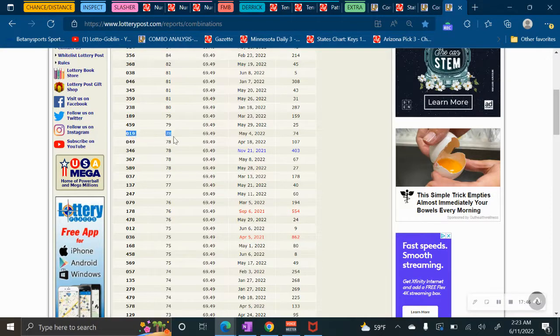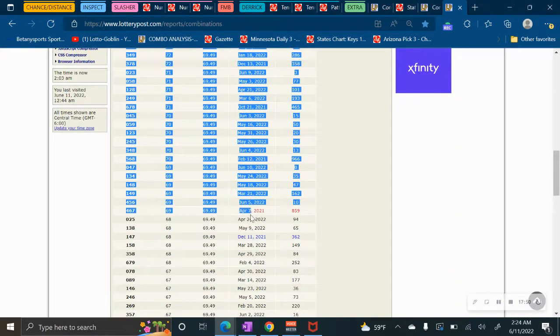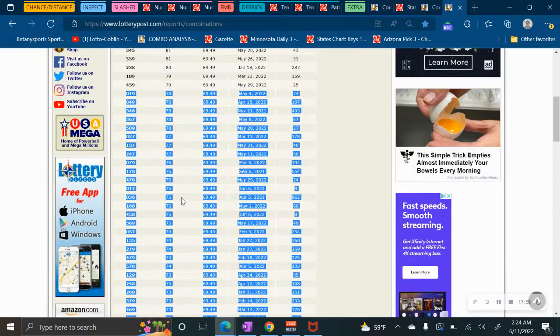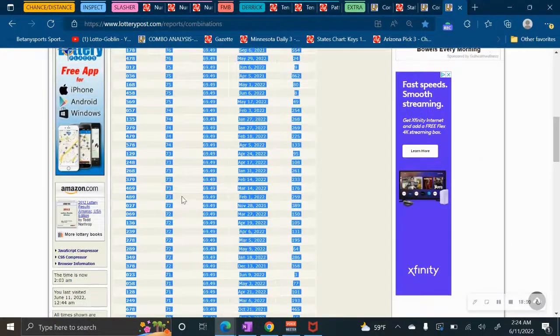So I'm going to collect the 78 all the way down through the 69. That right there is 51 numbers out of 120 single box numbers, because I'm not playing doubles.